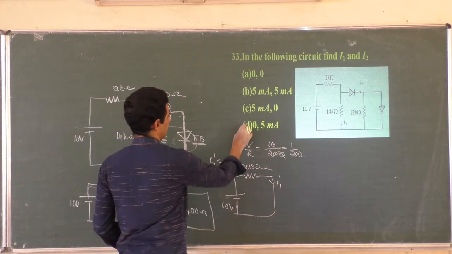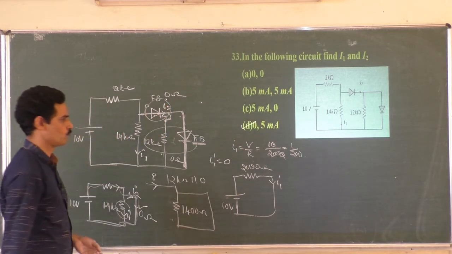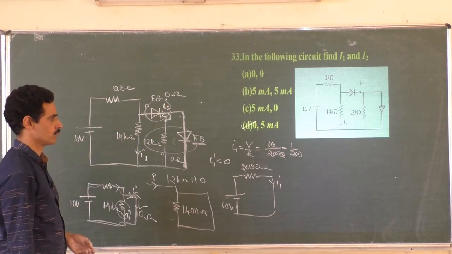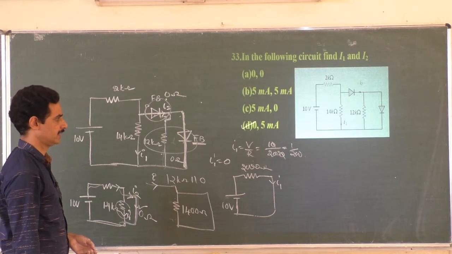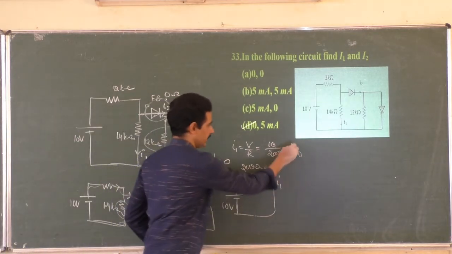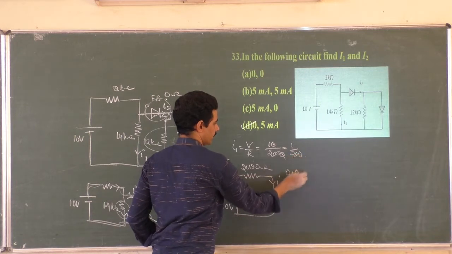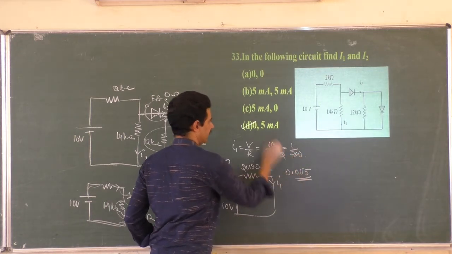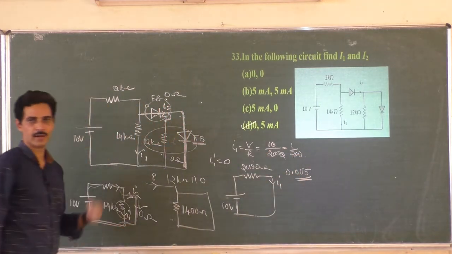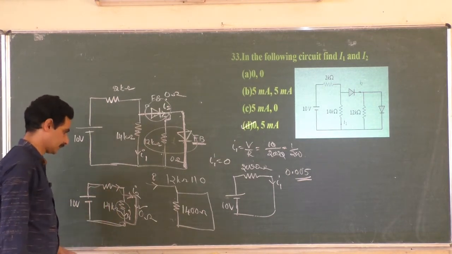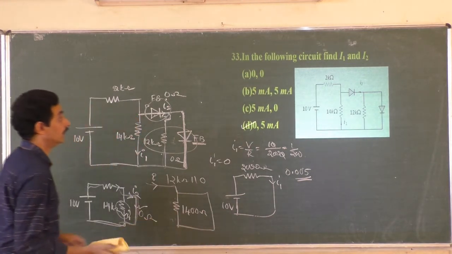So 0.005 ampere, that is 5 milliampere, right? Yes, 5 milliampere. So I1 is 0 and I2 is 5 milliampere, option D. Yes, you have to realize it, that's all.